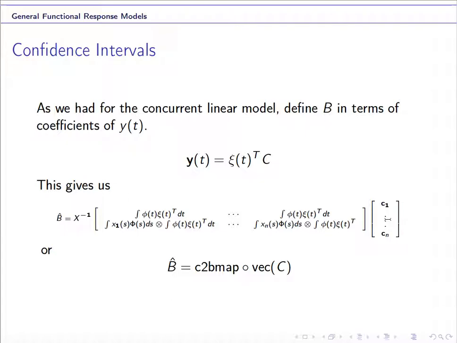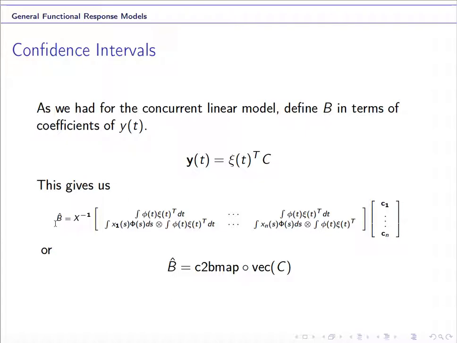So in other words, here we will write down this big matrix before C, called a C to B map, because this matrix maps the C to the B, right?